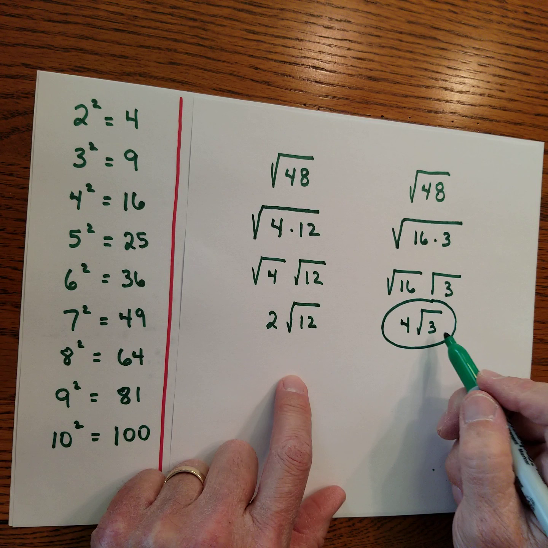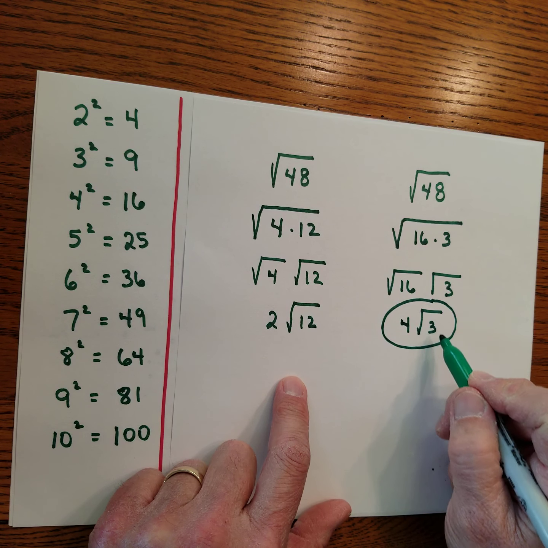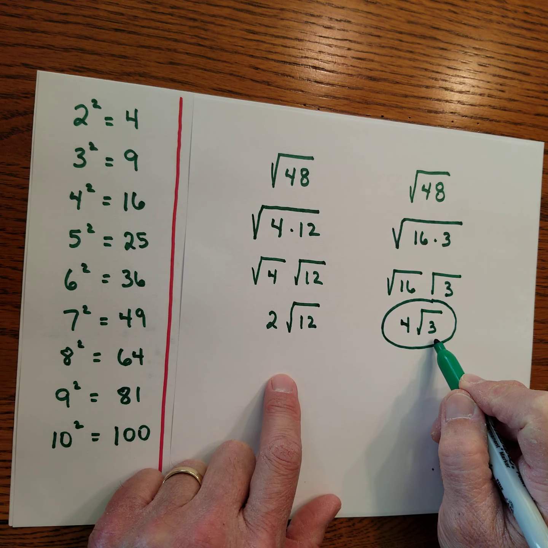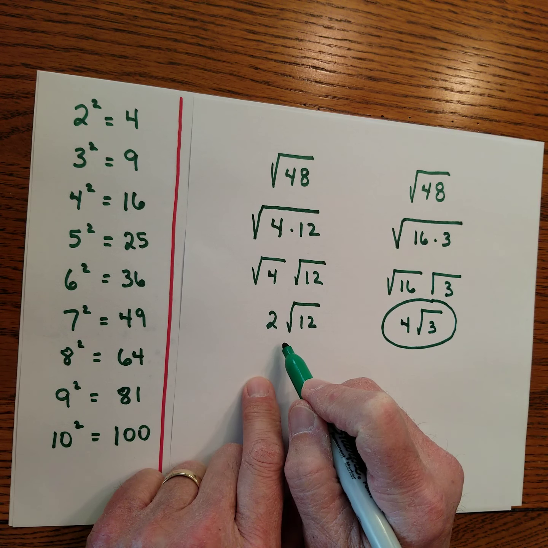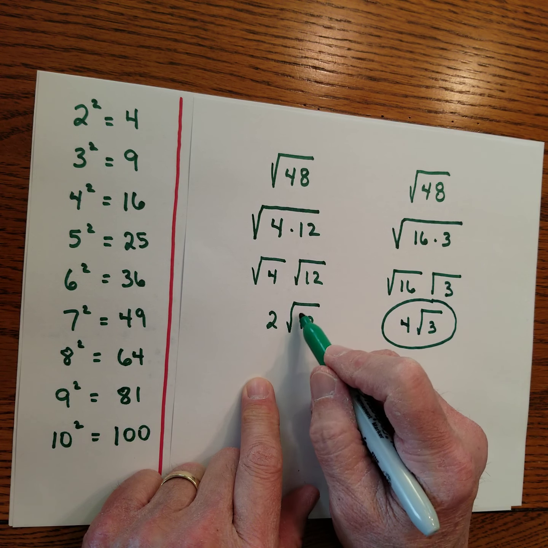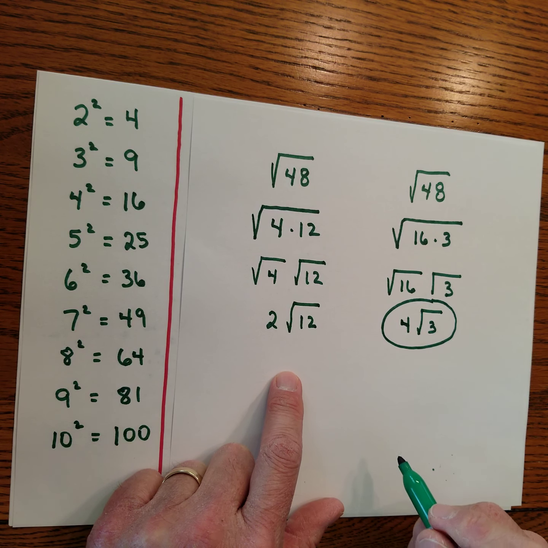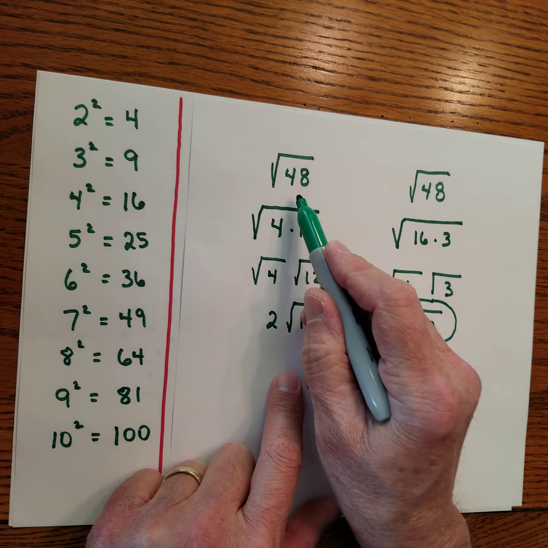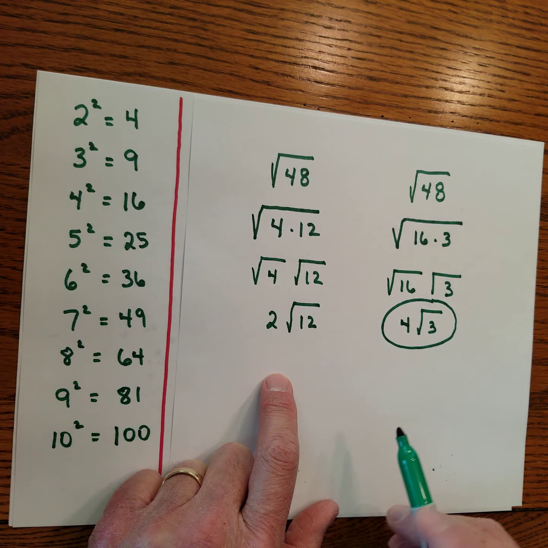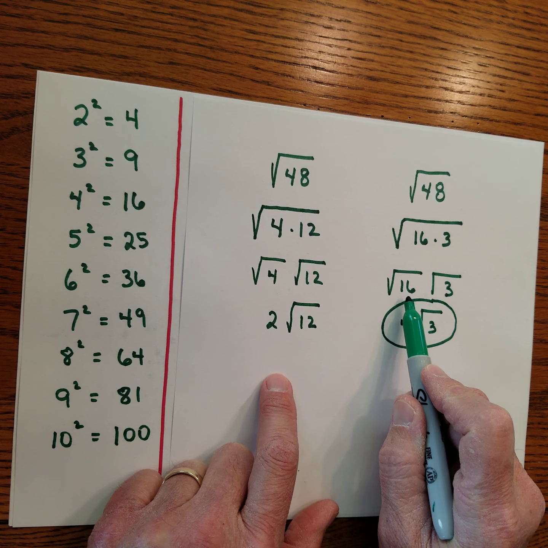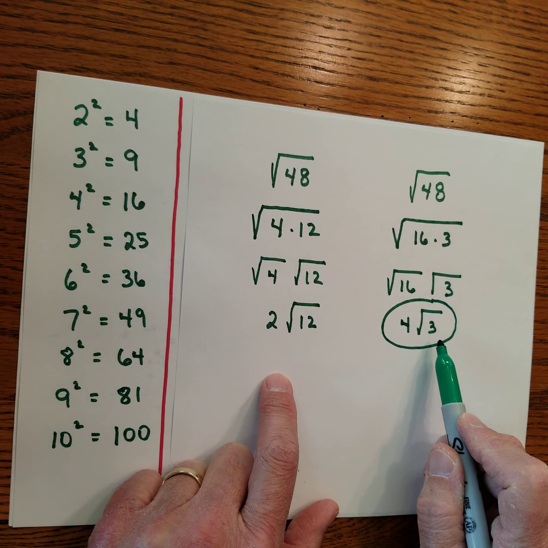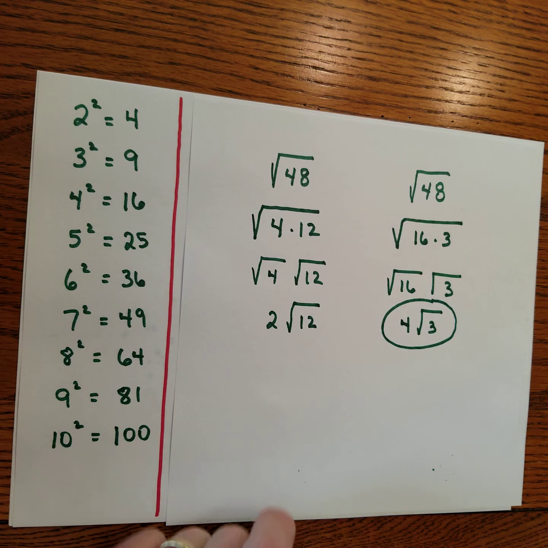My best answer is when what's inside the radical sign is as small as possible. This value and this value, they're equal to each other, but this has got a larger value inside the square root, so this one is considered simplified. If you've got 2 different ways to work the problem, take the largest number possible out so that you have the smallest possible number left in.